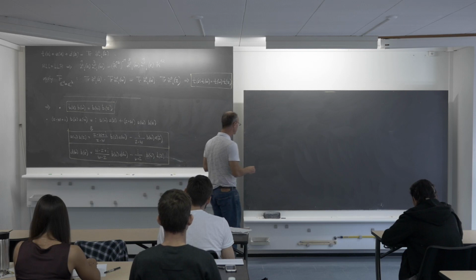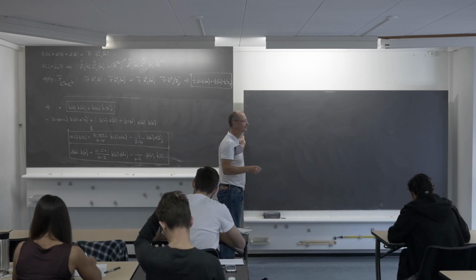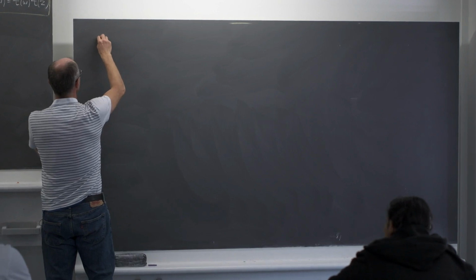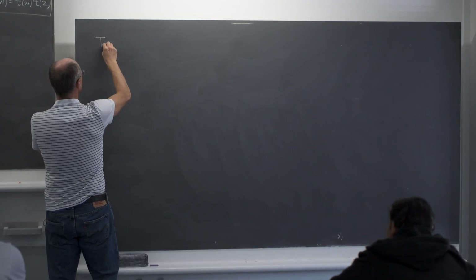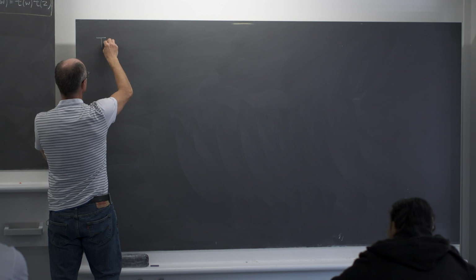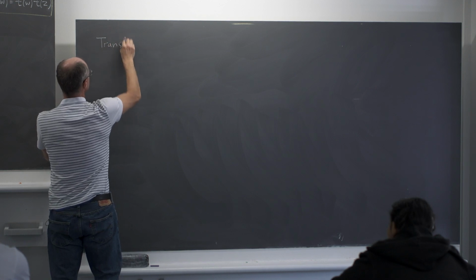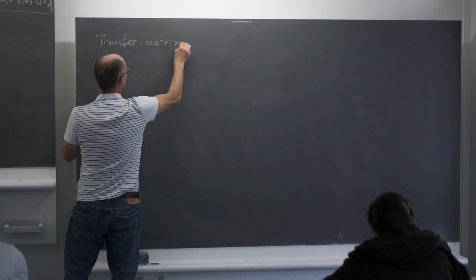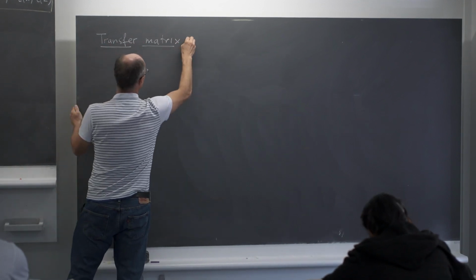Now I would like to show you some extraordinary construction. It starts in a very simple way. We introduce yet another operator which goes under the name of a transfer matrix.